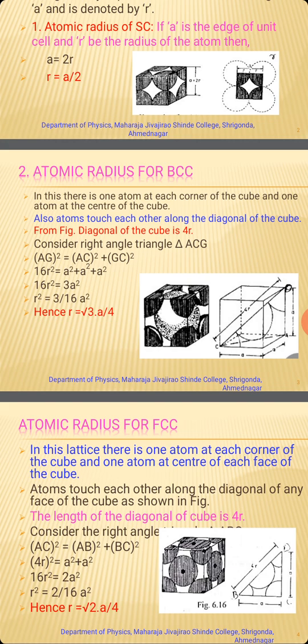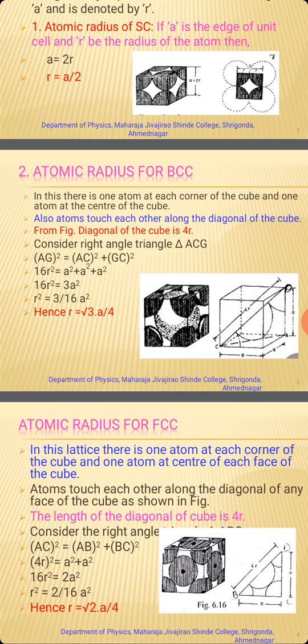Therefore diagonal square is equal to a square plus a square, that is 2 into a square. Therefore 4r whole square is equal to a square plus a square. 16r square is equal to 2 into a square. Hence r square is equal to 2 upon 16 into a square.